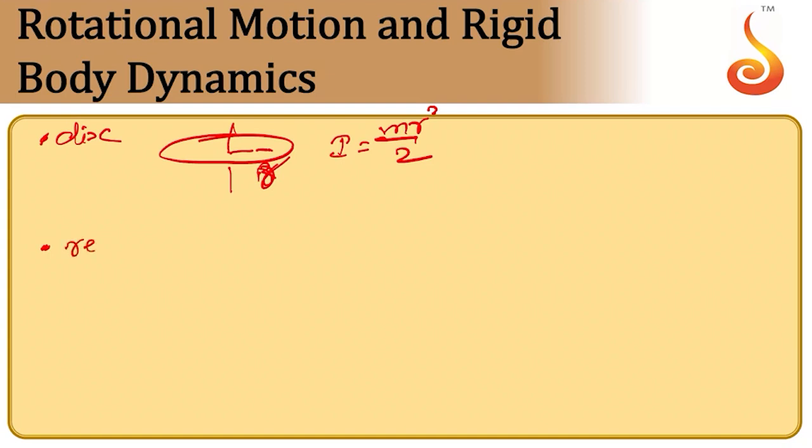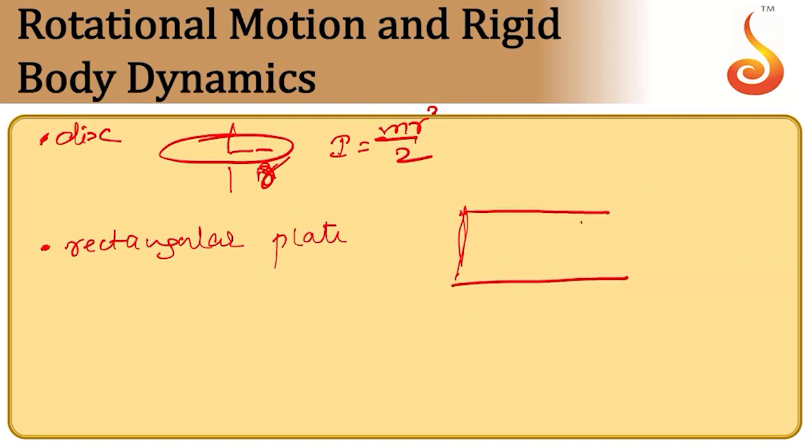A rectangular plate. This is L and this is B, and this is the axis about which it is rotating.